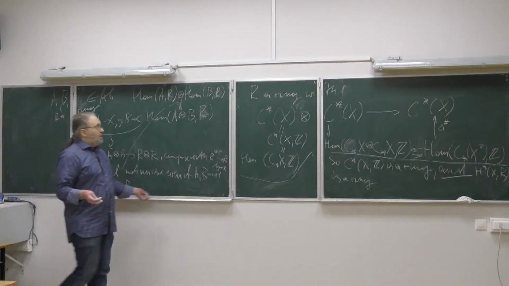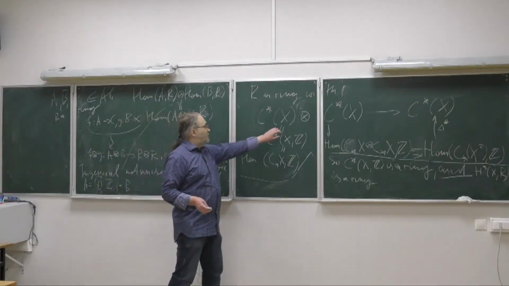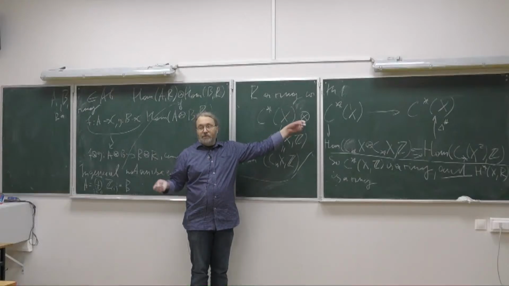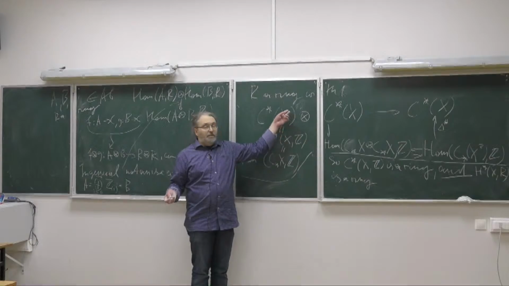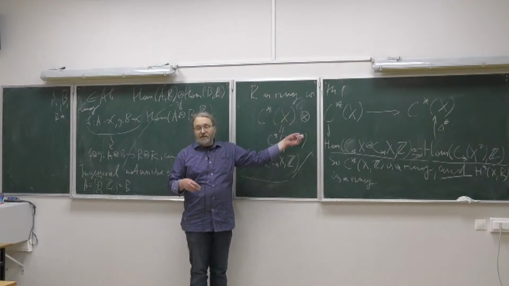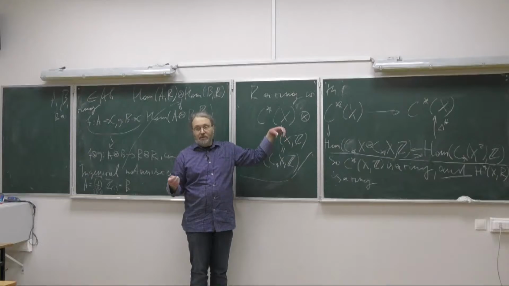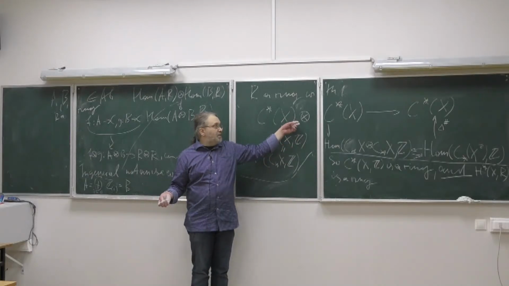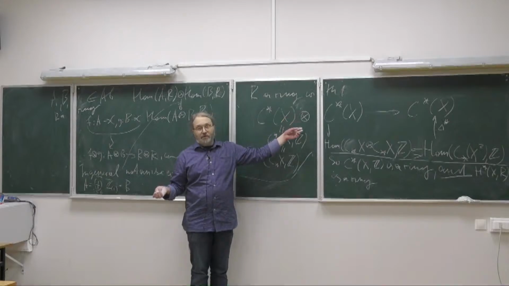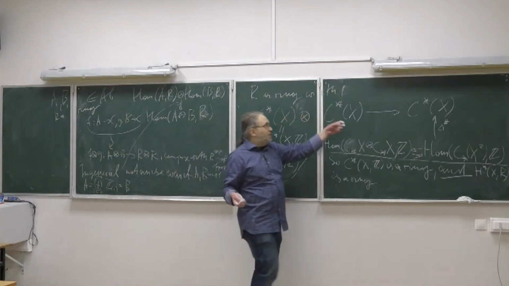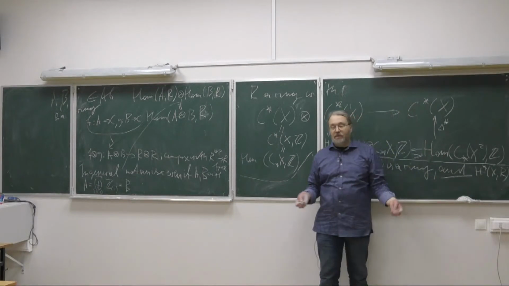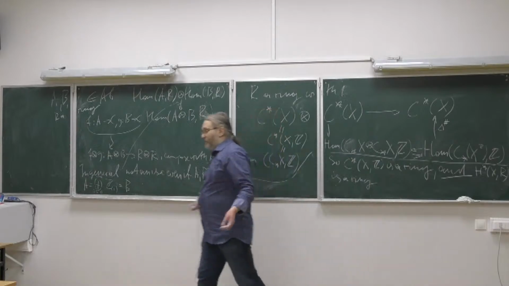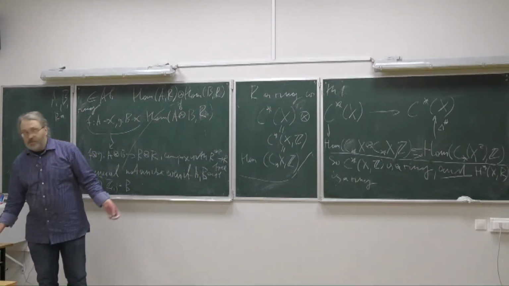Why? Well, here I have the tensor product of two complexes. The tensor product of the cohomology, graded abelian groups, maps into the cohomology of the tensor product. And then I just use this cochain map.